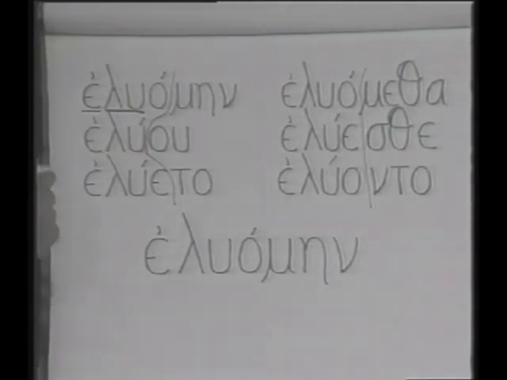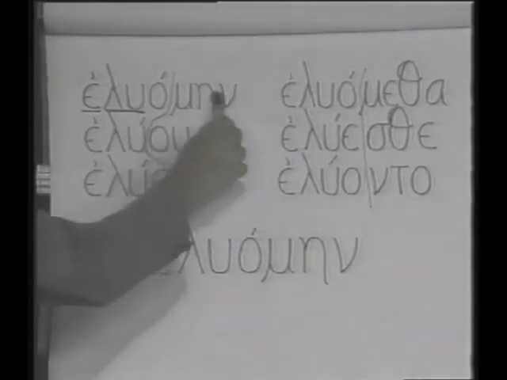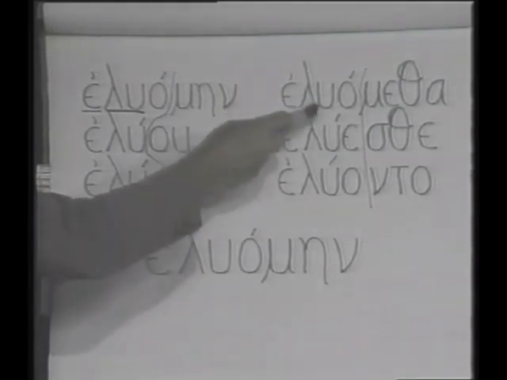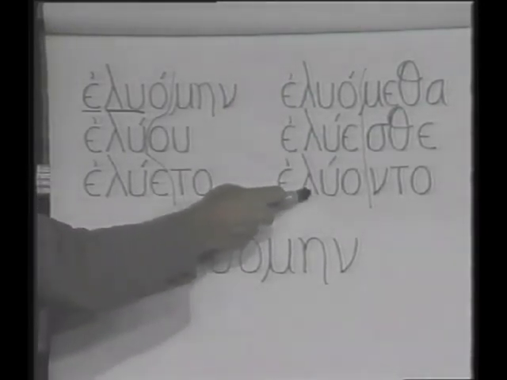But the translation of the imperfect middle would be, I was loosing for myself. The passive will be, I was being loosed. Remember, a being indicates passive in English. So I was being loosed, you were being loosed, he was being loosed, we were being loosed, you were being loosed, they were being loosed.